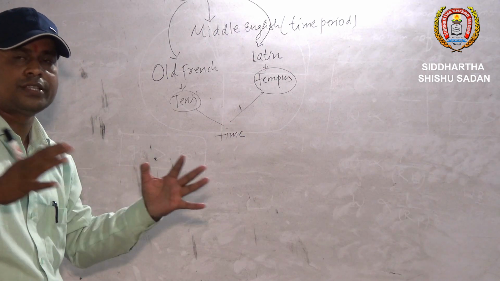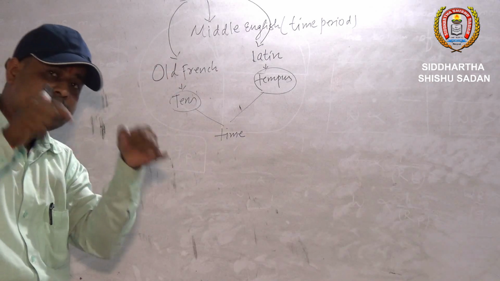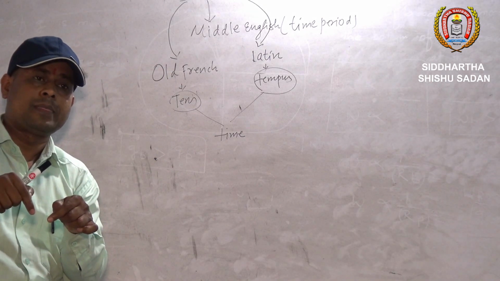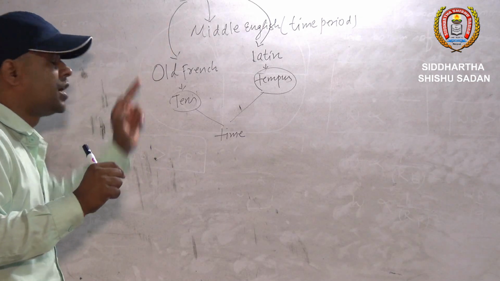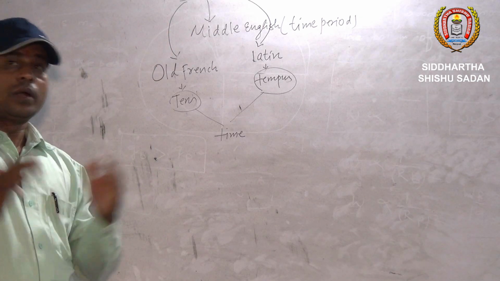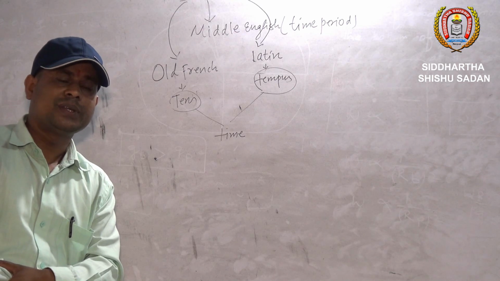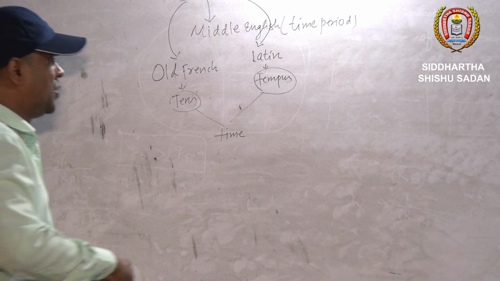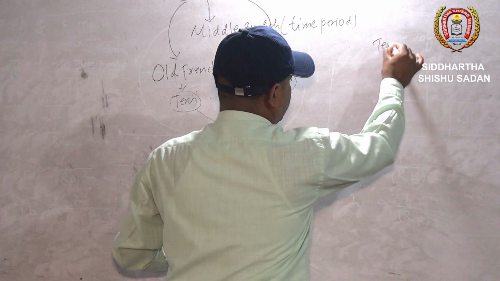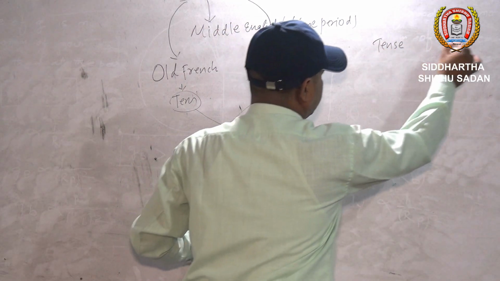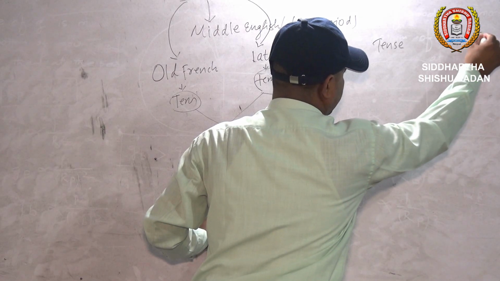Although tense has come from time, there are differences between tense and time. What are the differences? Okay, let's see over here. Tense on one side and time on the other.